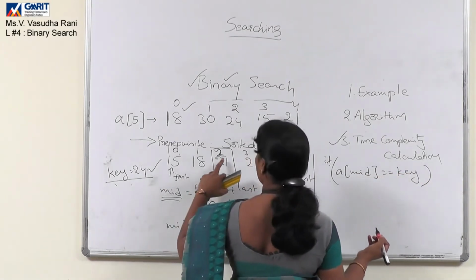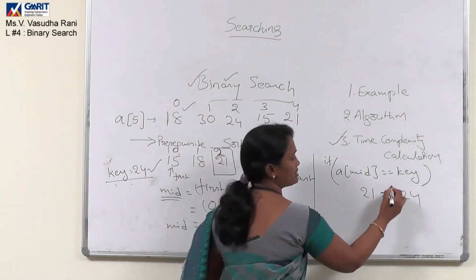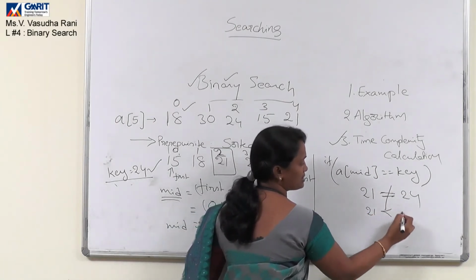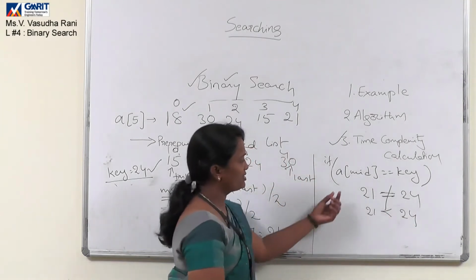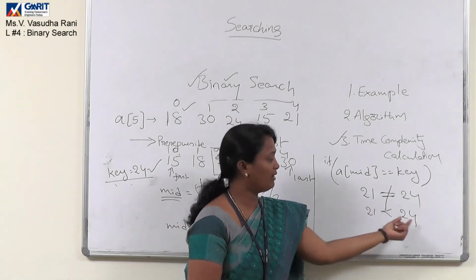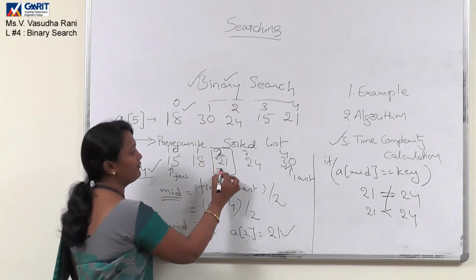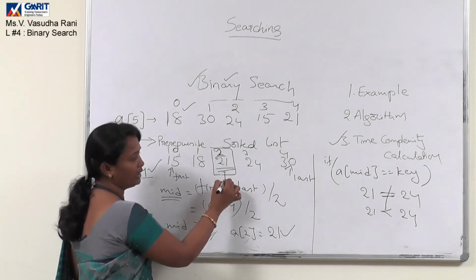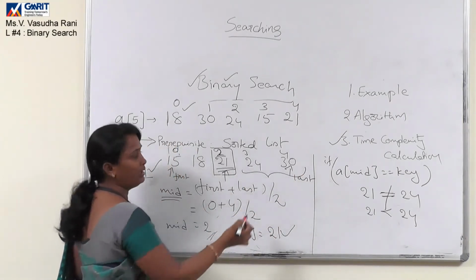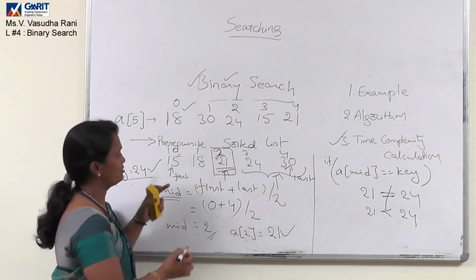A of mid is 21, which is compared with 24, which is not matching, and we get the relation between these two as 21 is lesser than 24, which indicates that the key value is higher than the mid. As we have taken a sorted list, as the key has a higher value than the mid value, we can conclude that our key may be available in the second half of the list, the right part of the list.